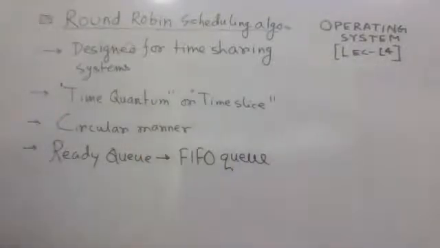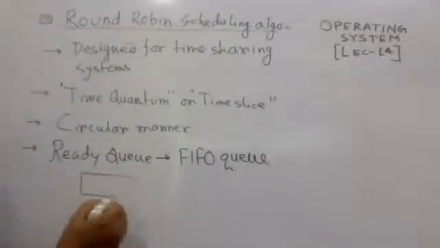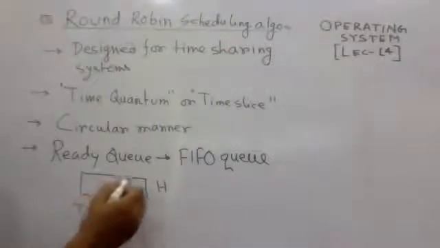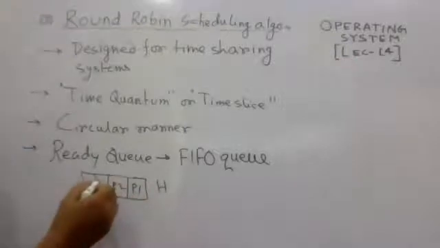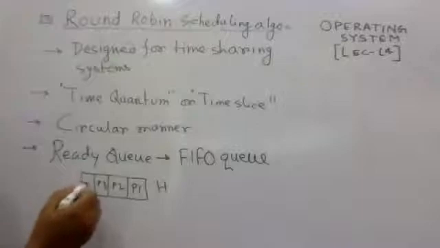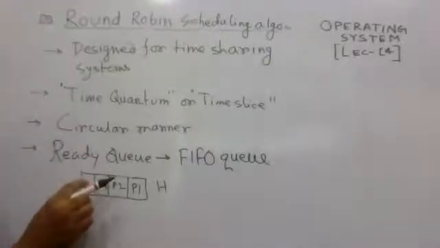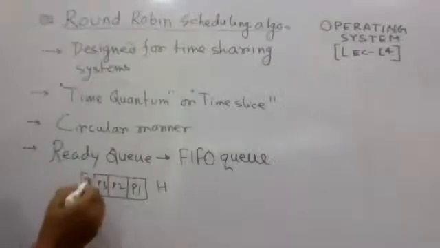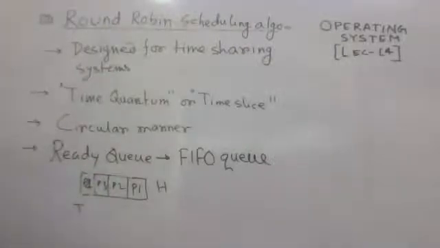New processes are added to the tail of the ready queue. So suppose this is our ready queue, this is our head, this is our tail. This is process P1, P2, P3, and a new process will be added in this tail part. Suppose this is P4. So this is a FIFO queue.